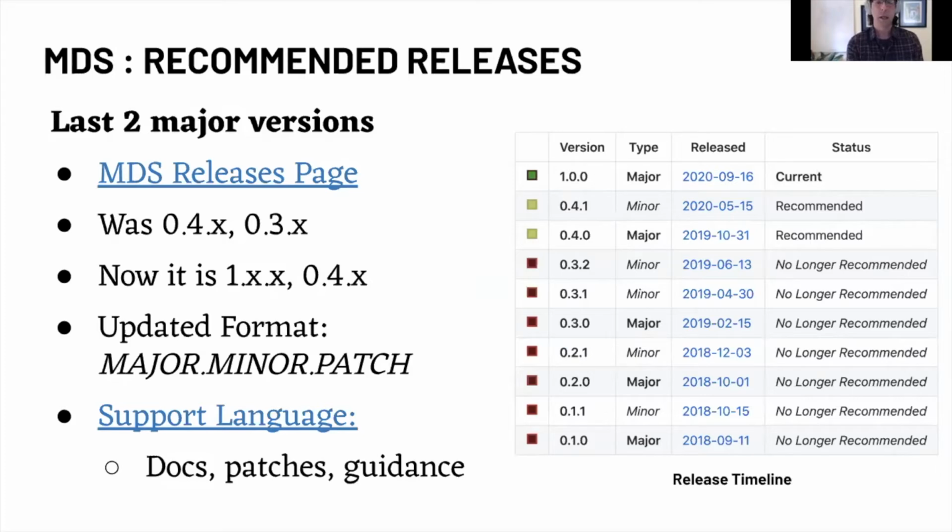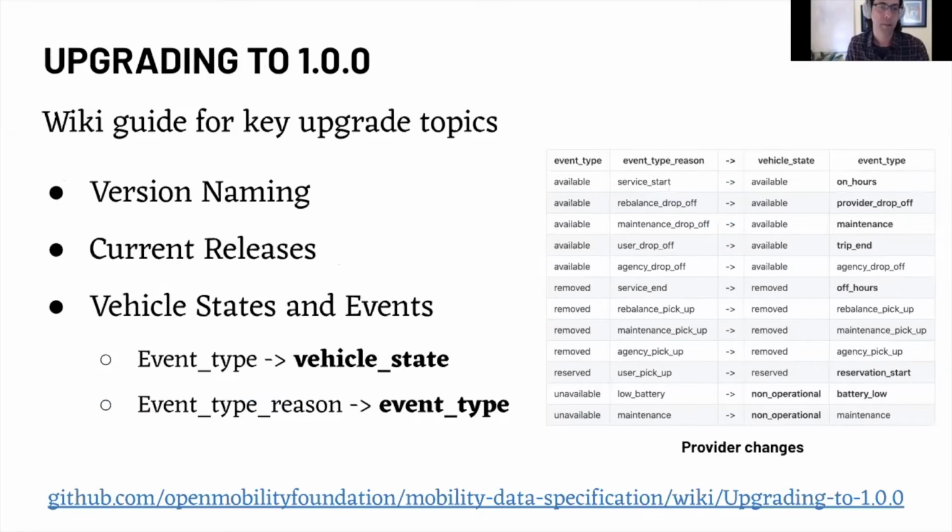And so you can see that in this chart here, which is also on the MDS releases page on GitHub. And the format is the numbers, the major, and then the second number is the minor, and the last number is a patch. And we have language on what it means and how we can update the ones that are current with documentation, patches, and guidance on our website.